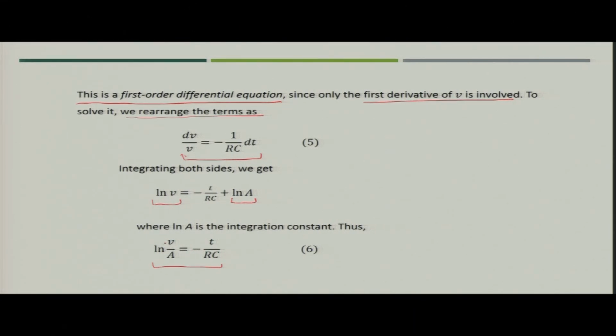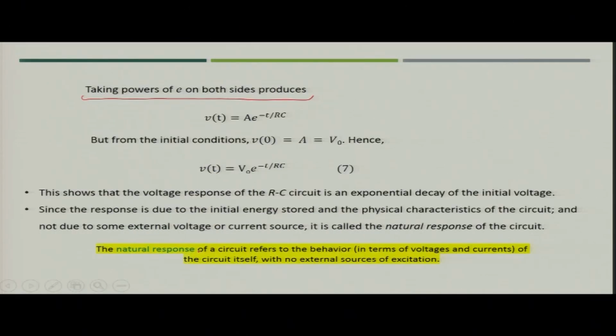So, you can simply write V is equal to A into e to the power minus t by RC. Now, we assume that as per the initial condition, when t is equal to 0, the voltage is V naught. So, that means the value of A will be V naught.